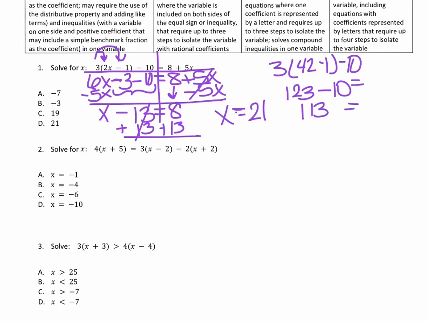And that has to equal the right side. And I have 8 plus, and then I have 5 times 21, which is 105. And 105 plus 8 is 113. So they are equal. So 21 is the answer.